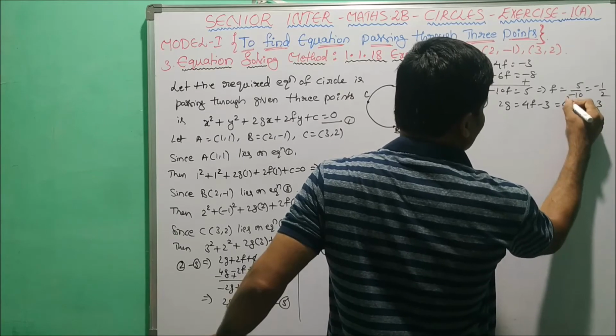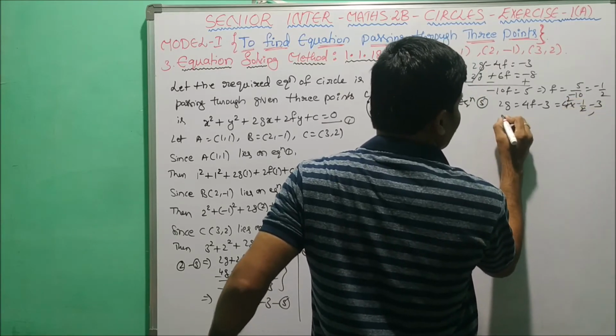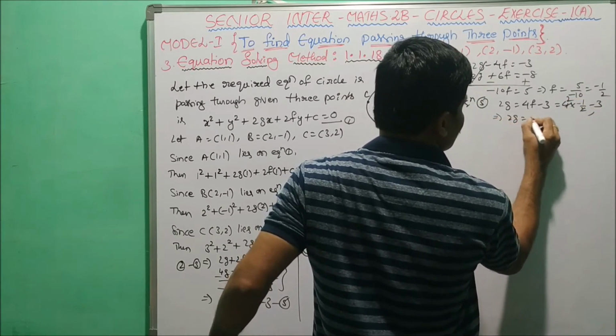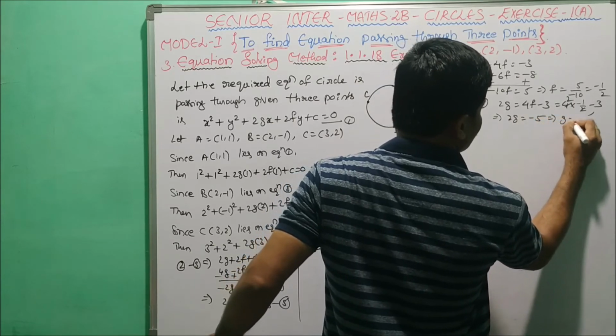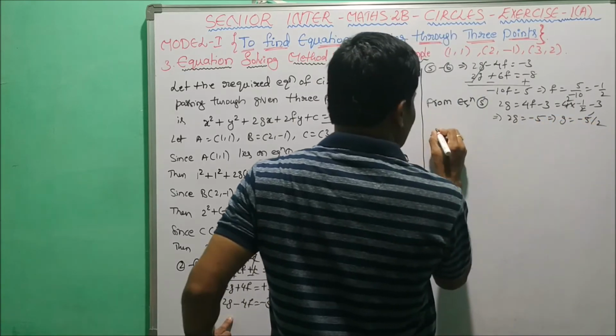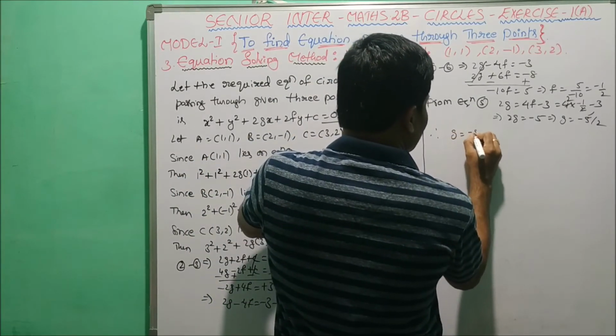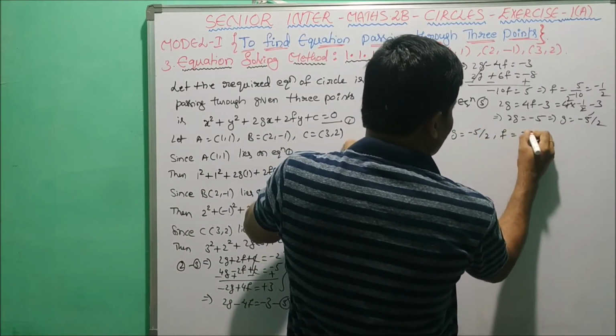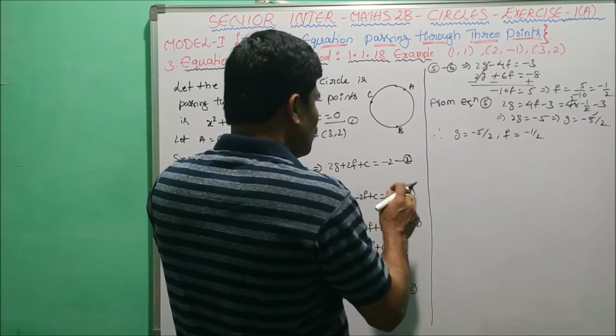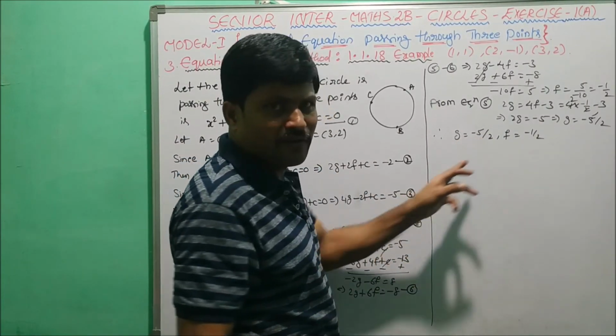So minus 2 minus 3, which implies 2g equals minus 5, g equals minus 5 by 2. Therefore here g equals minus 5 by 2 and f equals minus 1 by 2.